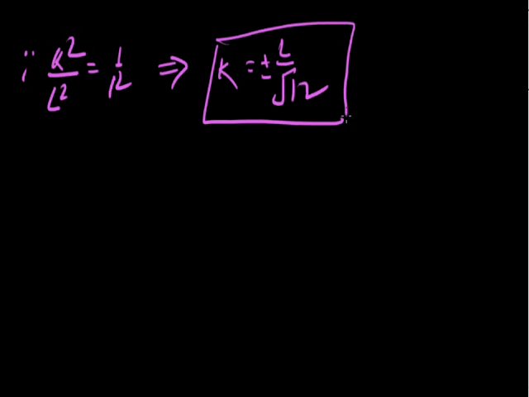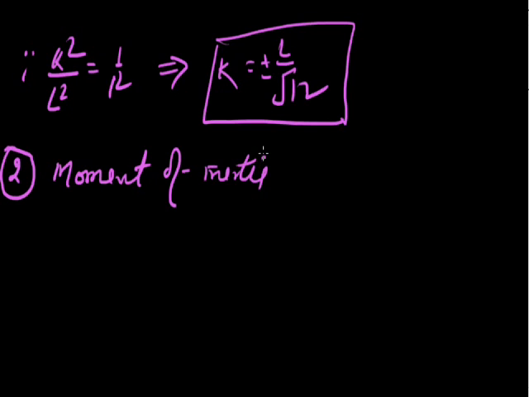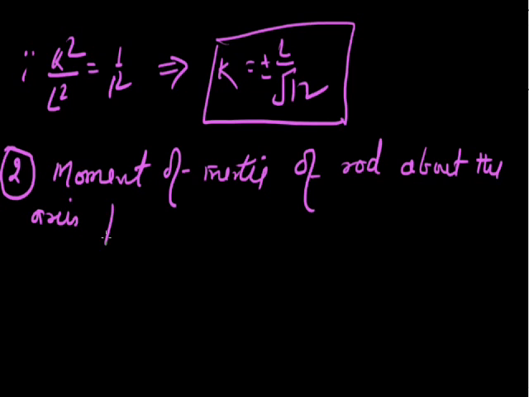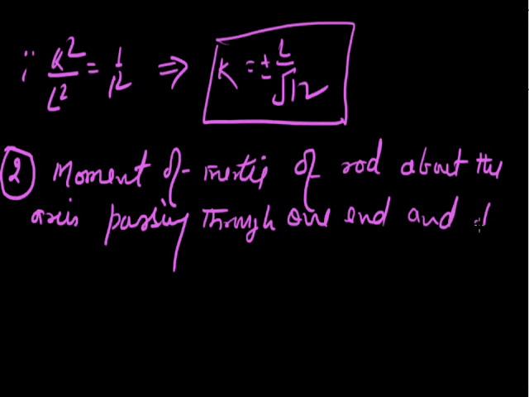It may be plus or minus. Now the second point: moment of inertia of a rod about the axis passing through one end and perpendicular to the length of the rod.